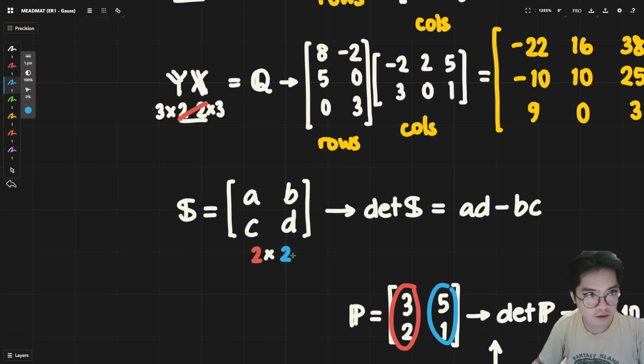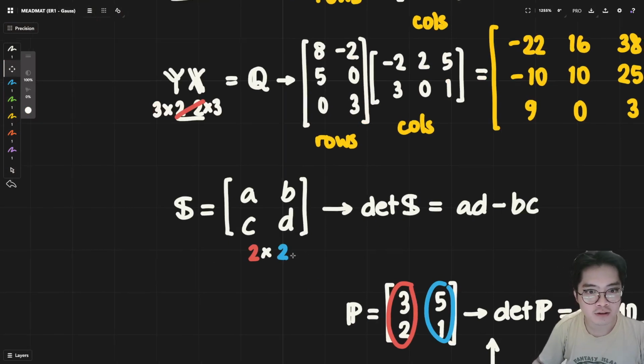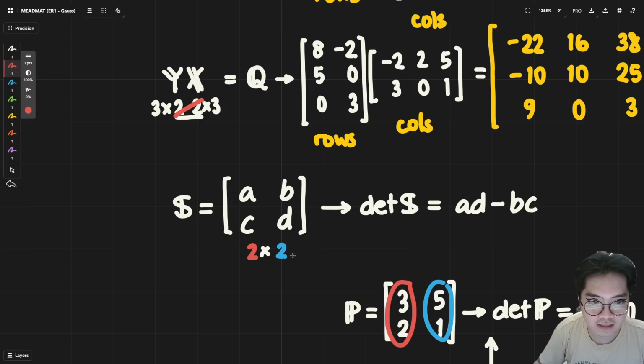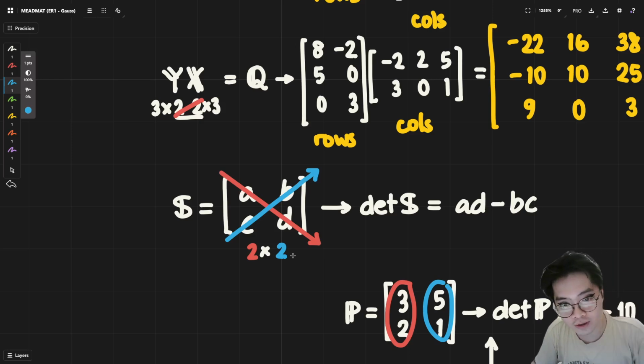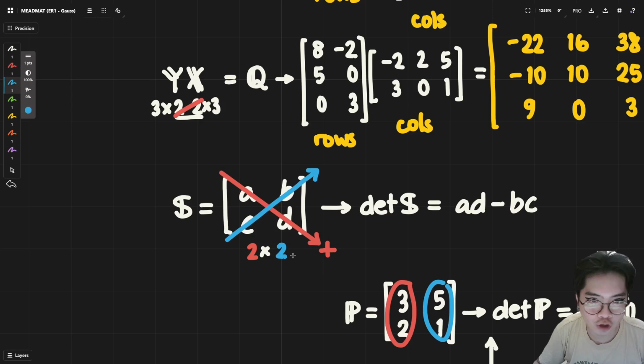What do you mean? I'm creating diagonals. In this case, a diagonal that is AD and a diagonal that is CB. If your diagonal is going down, you put it with a plus sign. If your diagonal is going up, you put it with a negative sign.